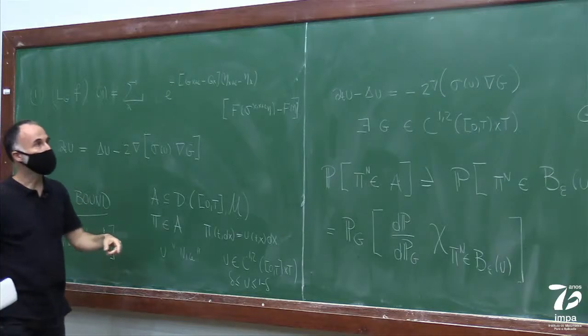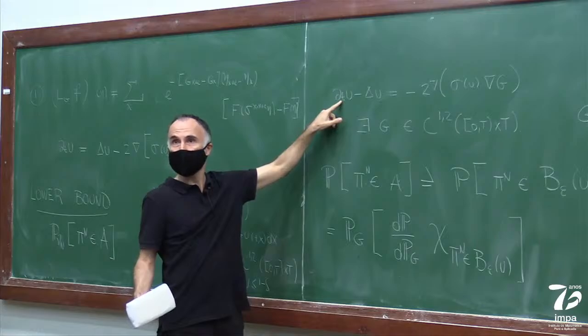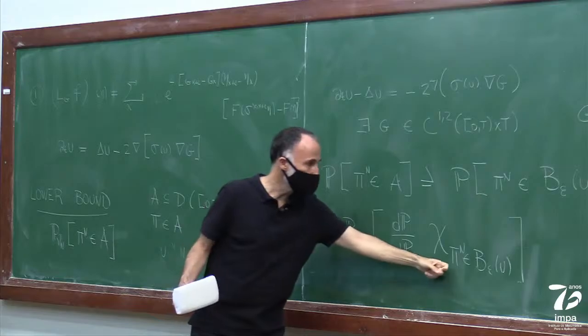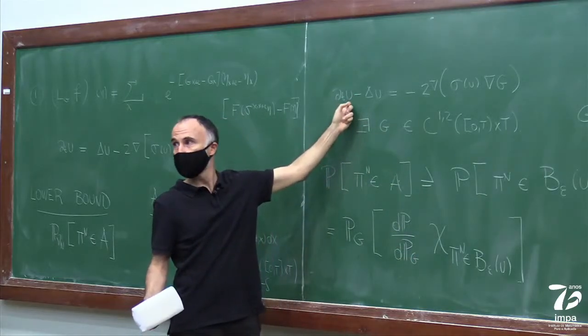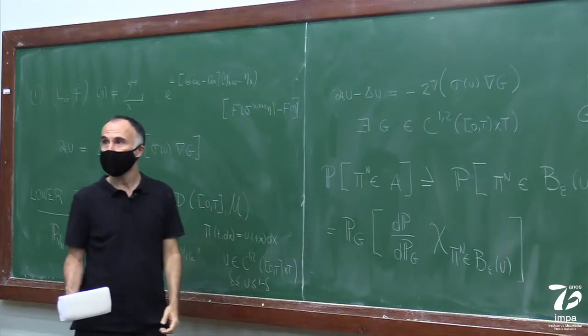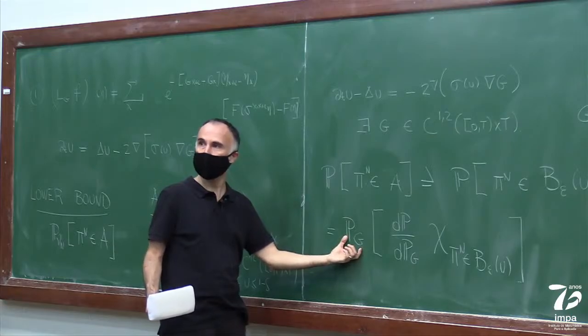But this equation is exactly the equation which is satisfied by u. So the empirical measure is converging to u. This is why I constructed g, and then I inserted g.